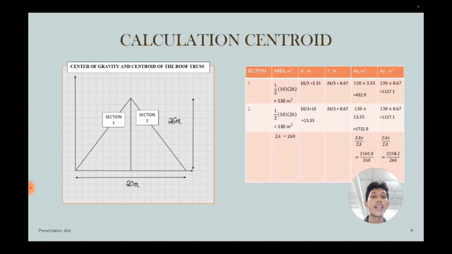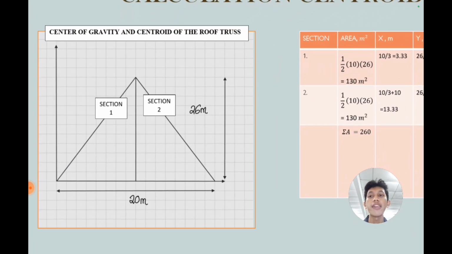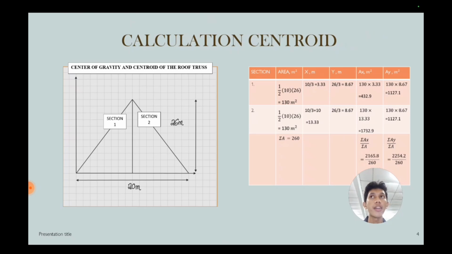Next is calculation of the centroid. As you can see, the center of gravity of the roof truss is divided into 2 different sections, section 1 and section 2, 20 meters length with 26 meters height, and the triangle formula is 1/2 times base times height. So 1/2 times 10 times 26 is 130.